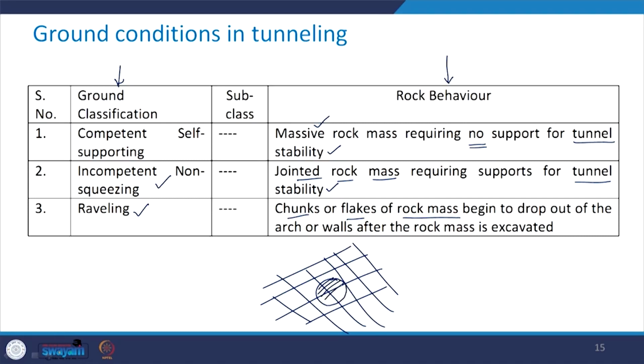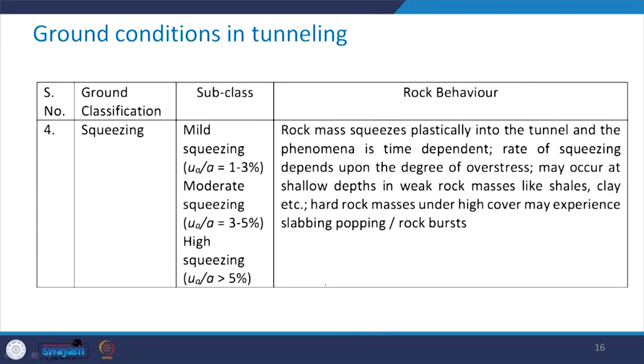So, this is what has been excavated. Now, there can be a few blocks which are loose, either in the roof part or here at the side, which may either fall or slide along the tunnel wall. So, this kind of ground condition is called raveling.